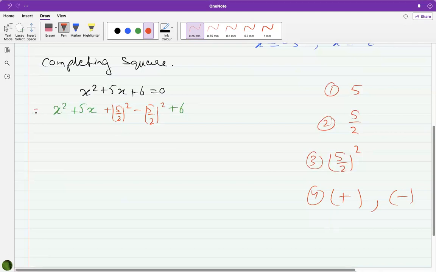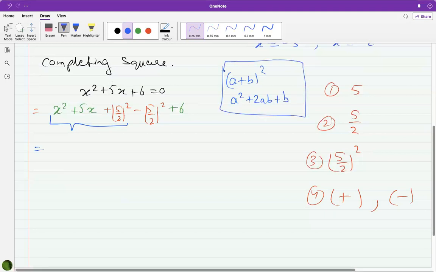So mathematically, it makes no change. Then we close these three. And what are we doing? We are using this a plus b whole square. This was equal to a square plus 2ab plus b square. We are reversing this equation. So reversing it, I'm copying x from here, positive sign, 5 by 2.